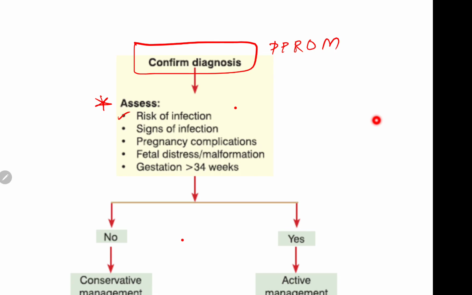What is the risk of infection? Signs of infection should be assessed. We look for pregnancy complications, fetal distress or malformation, and gestation more than 34 weeks.